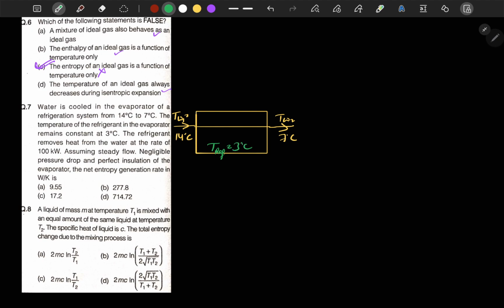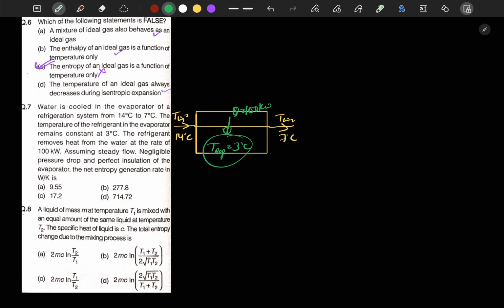Now it is mentioned that the refrigerant removes heat from the water. So this refrigerant absorbs heat at the rate of Q is equal to 100 kilowatt. Now assuming steady flow, negligible pressure drop, perfect insulation of the evaporator, the net entropy generation in kilowatt.